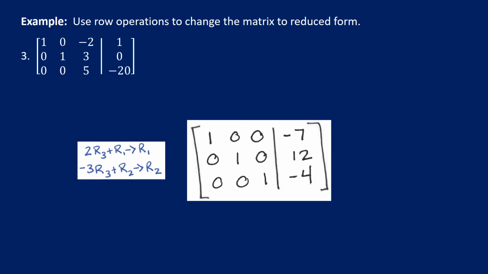So I'm going to use 2 row 3 plus row 1 to get a new row 1 of 1, 0, 0, negative 7. And to get rid of the 3, I need to subtract 3. So I'm going to multiply row 3 by negative 3 and add it to row 2 to get a new row 2 of 0, 1, 0, 12. And now all of my conditions are satisfied.